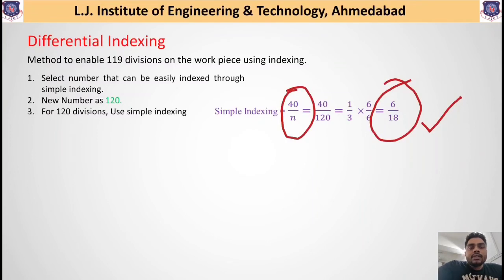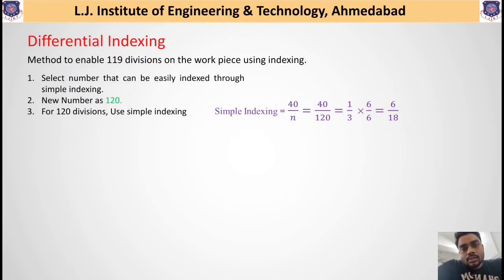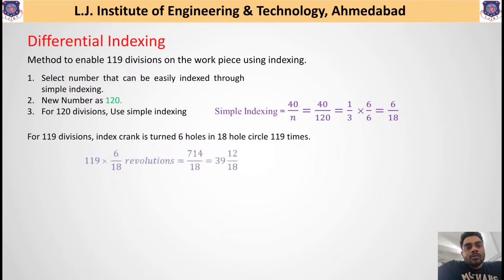Due to that 119 times repetition, the total revolution given by the crank is 119 into 6 divided by 18 revolution. That will give you 714 divided by 18, and further converting into mixed form, it will give you the answer as 39 and 12 divided by 18.